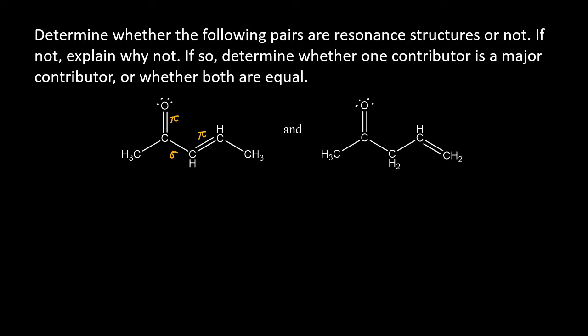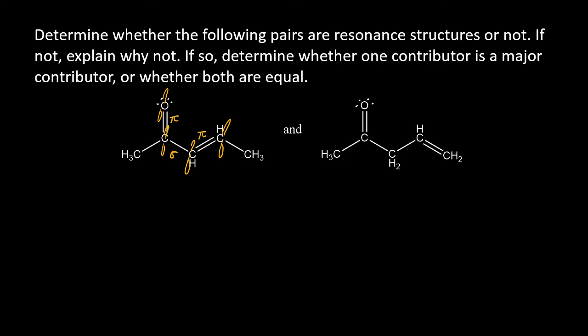Okay, so those 4 atoms have the p orbitals. Those double bonds are the conjugated electrons. And so what we should see in a resonance contributor, a resonance structure, is that those electrons are shared between the same 4 atoms. All right.